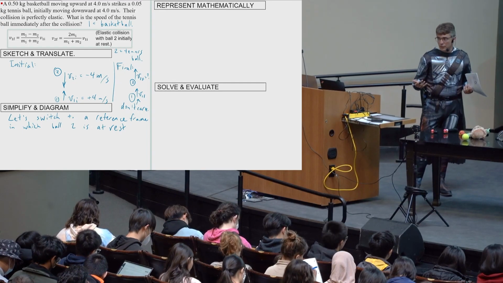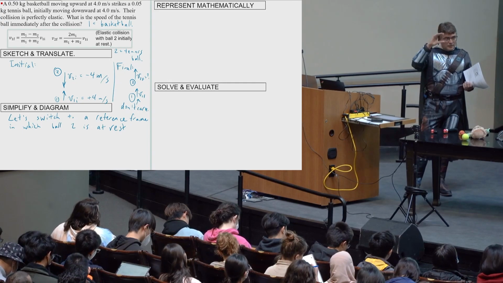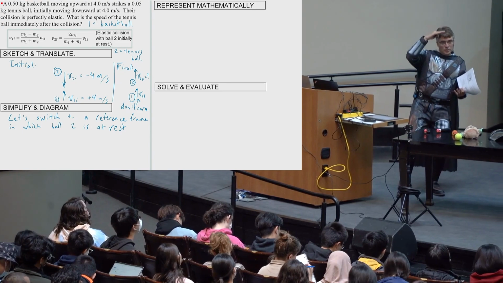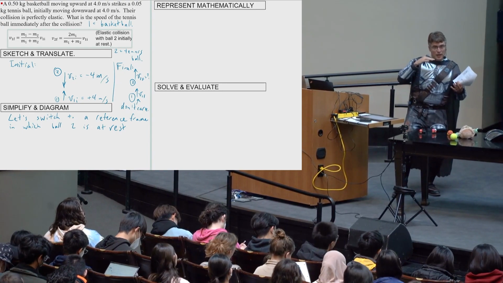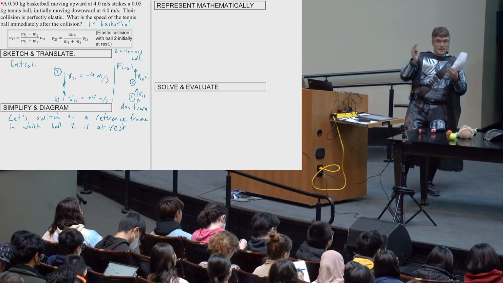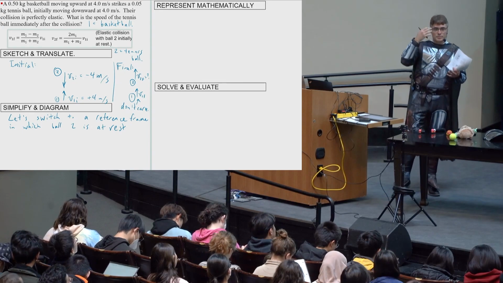Any inertial reference frame is going to obey the laws of physics. So during this collision, we're going to switch to the downward moving frame that's going down at 4 meters per second so that it looks like the tennis ball is at rest. Then we'll use these equations, solve for the final speed of the tennis ball, and then switch back to the lab frame.